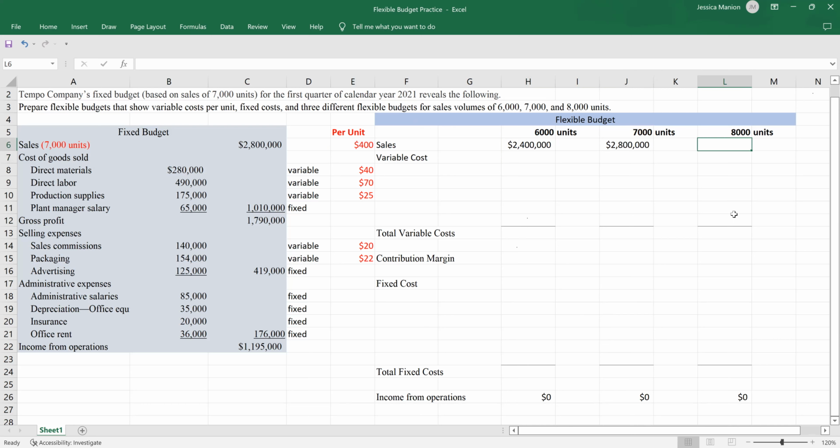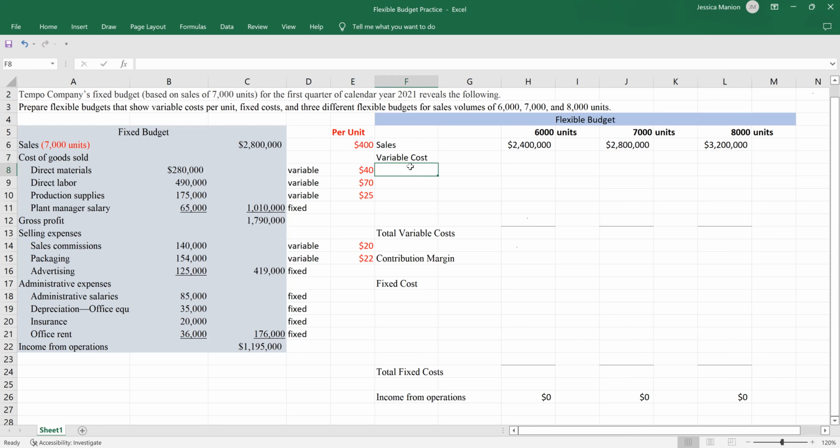And then at 8,000 units, again, we take our selling price per unit times the number of units, or vice versa. We know with multiplication, it doesn't matter which one we do first. We could put 8,000 times the 400, but 3.2 million in sales dollars at that level of activity, right? So we've just filled in our sales.